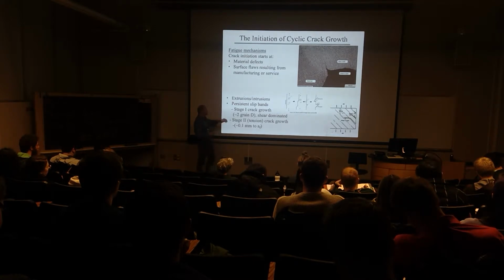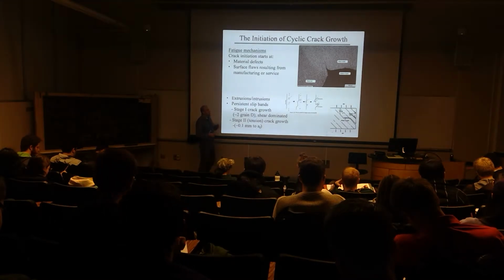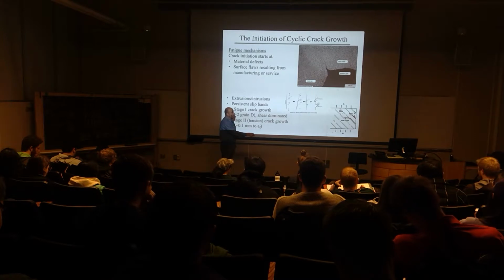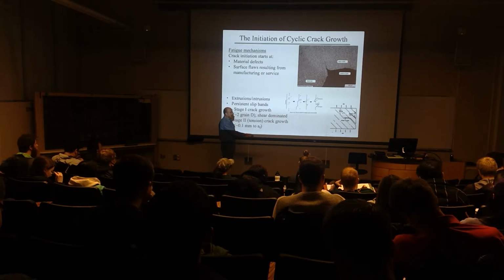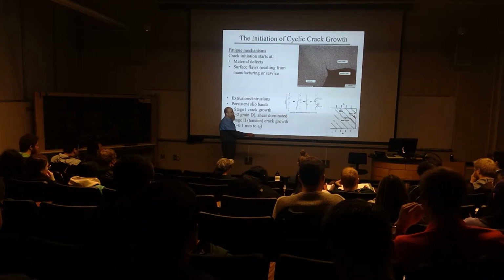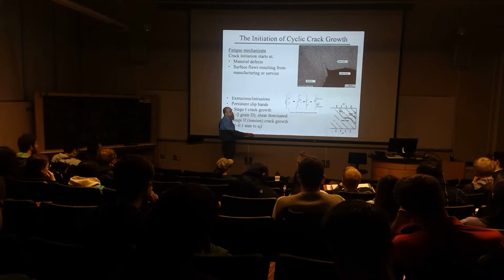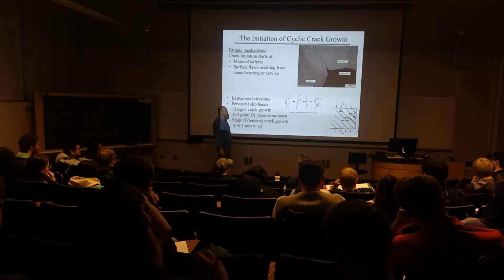And then what we can also get is we can get persistent slip bands that develop near the boundary of the surface along very well-defined slip band orientations of that material, which is going to be a function of the alloy content, but also of any obstacles that prevent the distribution of those particular slip bands.